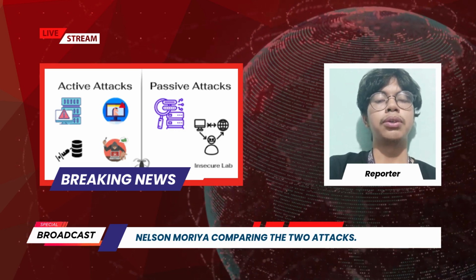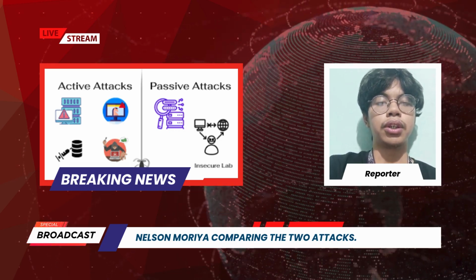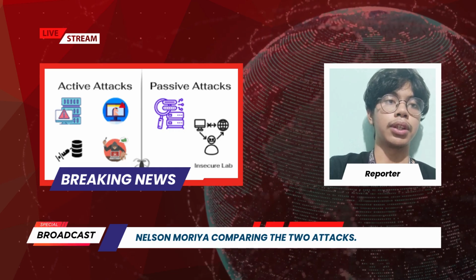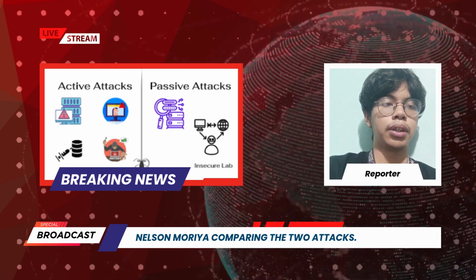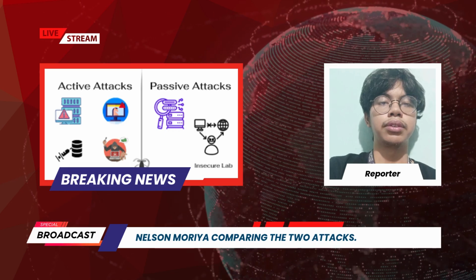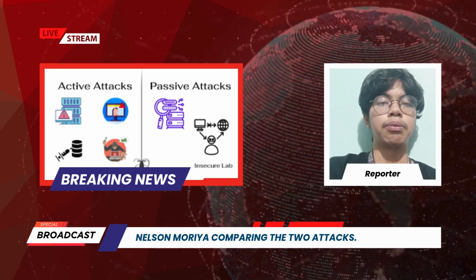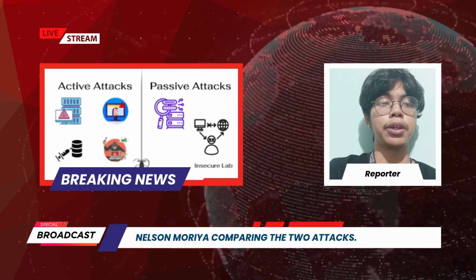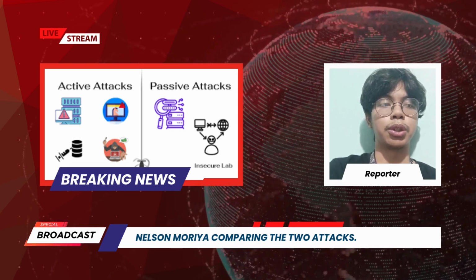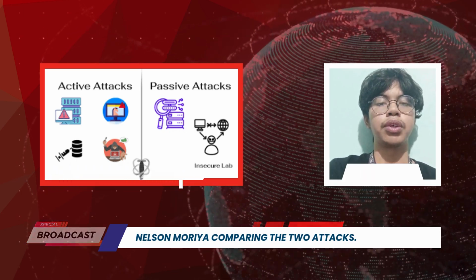Both types are malicious, targeting unauthorized access to data, and require security measures like encryption and firewalls to prevent. Despite their differences, both share the goal of exploiting vulnerabilities in a system.